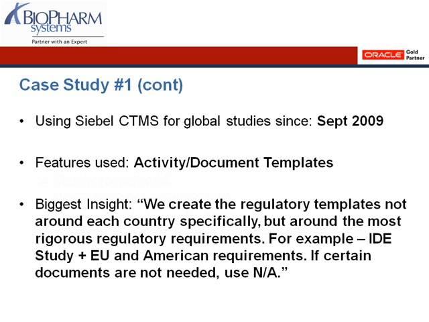If certain documents are not needed, they use NA. We'll look at this particular feature in our demonstration, but they took an approach where they're not necessarily creating new templates for each country, but specifically around some of the most rigorous regulatory requirements in that area. And if those things don't apply, they're using a not applicable categorization against the activity or document.